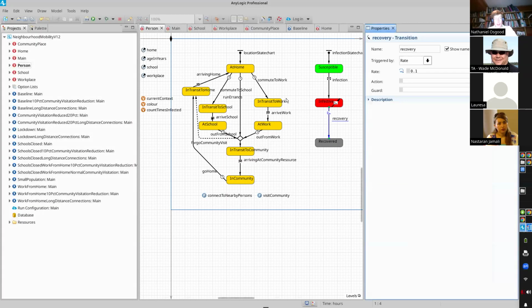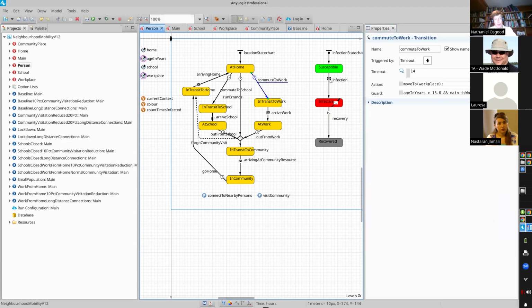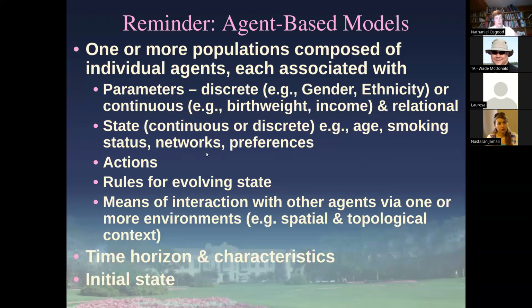So actions are the things that change here. And you'll notice they come with these different icons in AnyLogic. See these icons, like the little message, this one looks like an exponential distribution, and this little almost clock, or this one. Each of these has a certain meaning.